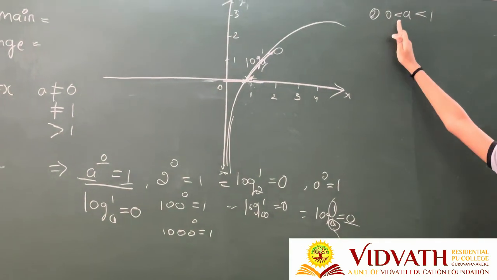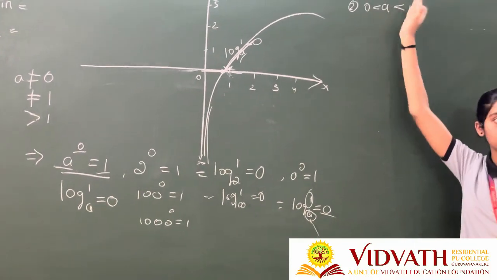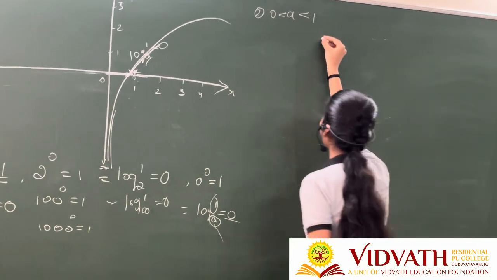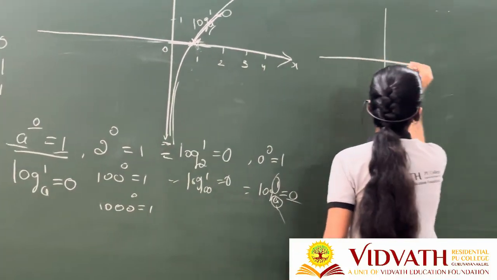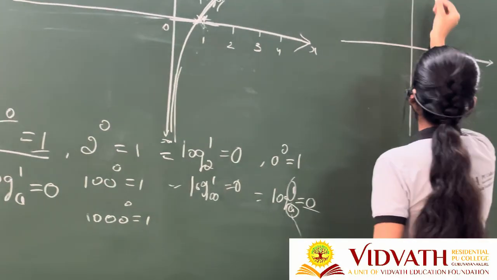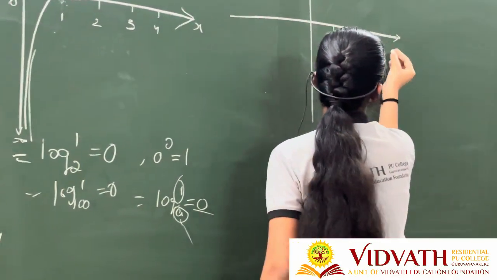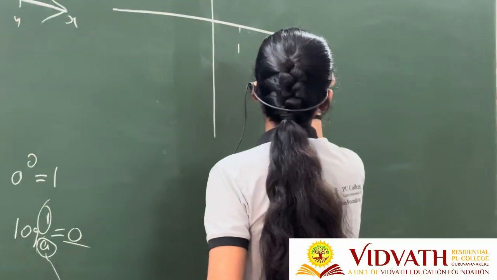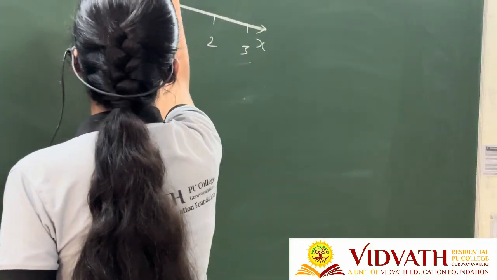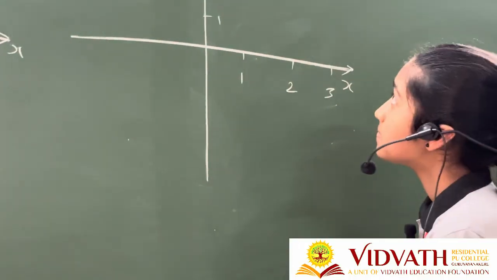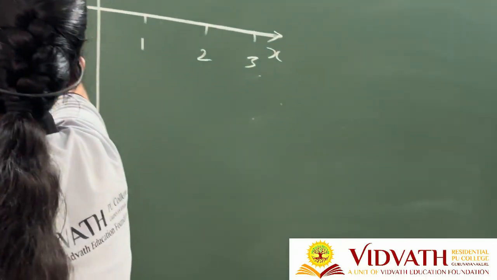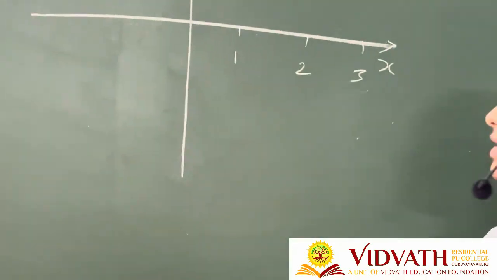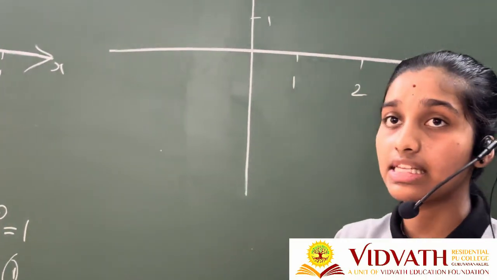a should be less than 1 and a should be greater than 0. The graph will look like this. In between 0 and 1, the nature of the graph is always a decreasing function.